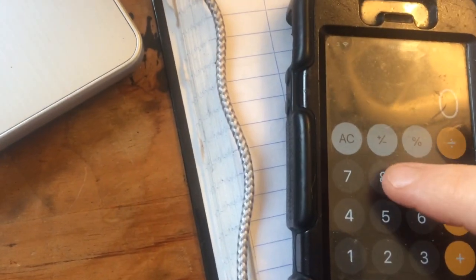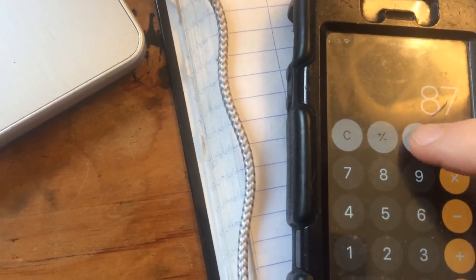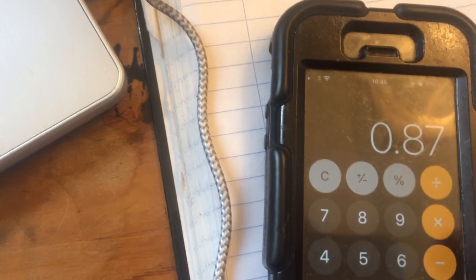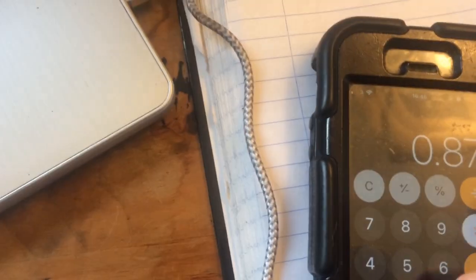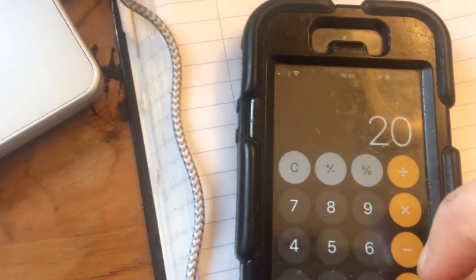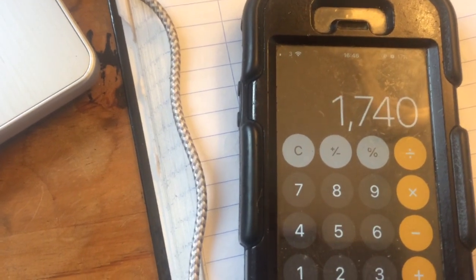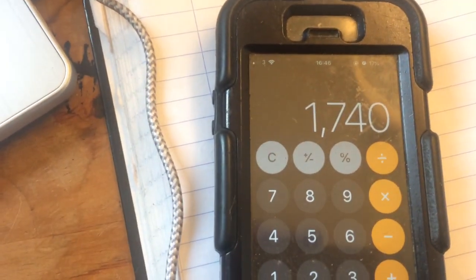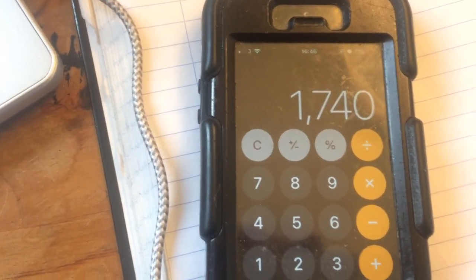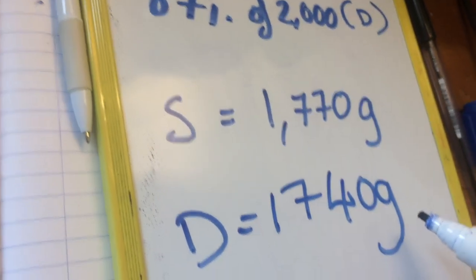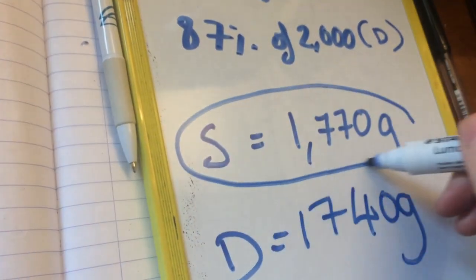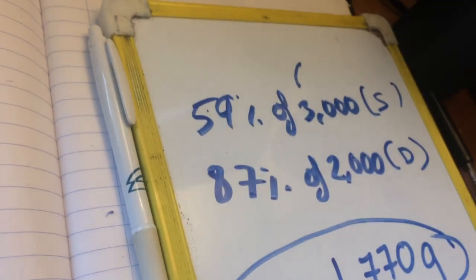The dolphin is 78% multiplied by 2,000 equals 1,740 grams. So who ate more? Exactly. The seal ate more. But you wouldn't be able to see that from looking at it, so you have to work those sums out.